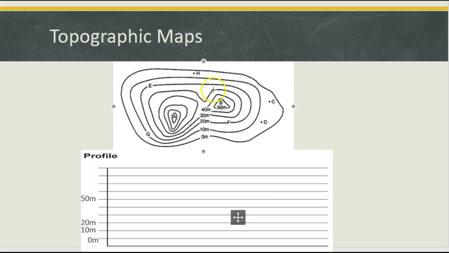How are we going to hike across this landscape? We're just going to pick a path, and then we're going to follow it in our profile. So we're going to decide where we're going to look at this landscape to see what it looks like. And we're going to go here. So that is our path.